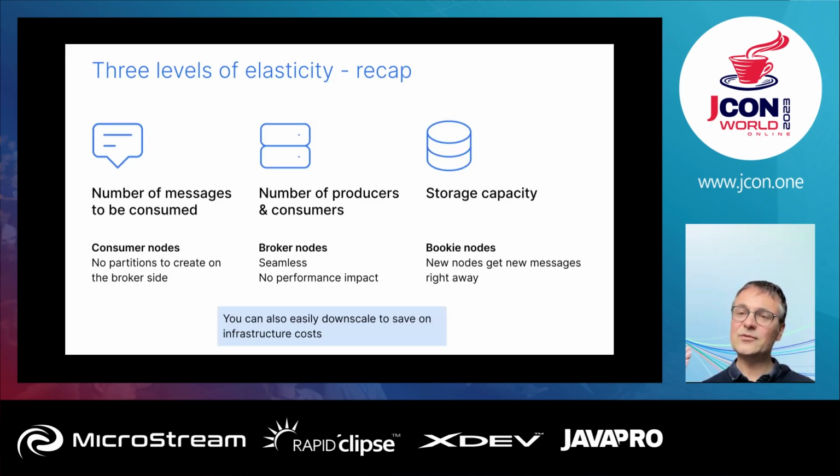If your bottleneck is the processing power, you just have to add new broker nodes without the need for data movements across nodes. And finally, if storage capacity is the limiting factor, then adding new bookie nodes resolves the issue. And unlike other platforms, these nodes immediately receive new messages. And of course, you can easily downscale to save on infrastructure cost as well.